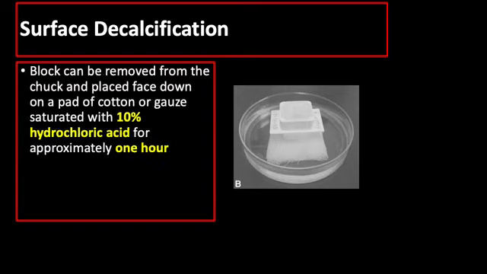So if this is encountered, the block can be removed from the chuck and placed face down on a pad of cotton or gauze saturated with 10% hydrochloric acid for approximately 1 hour. This surface treatment will allow the decalcifier to penetrate a small distance into the block and dissolve the calcium. The block can then be thoroughly rinsed in water to remove residual acid, chilled, and sectioned.